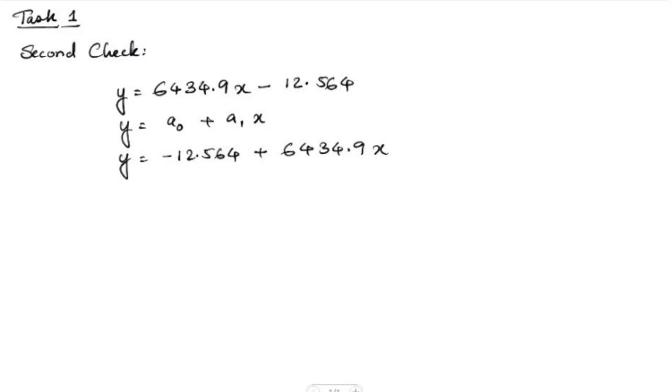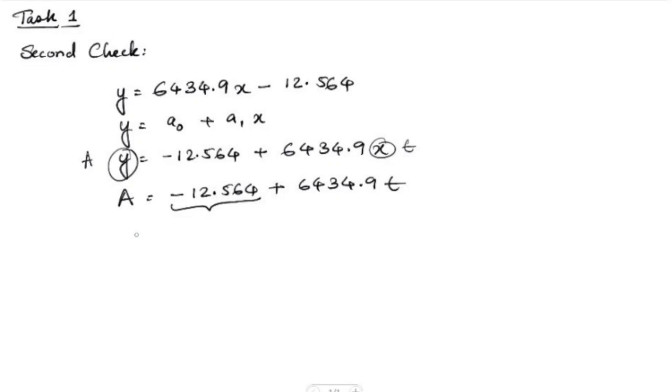Now we know, according to our values of time and amplitude, this is our amplitude and this is our time. So if we rewrite it, we have amplitude is equal to minus 12.564 plus 6434.9 t. Okay, now we know that this is our a0 and this is our a1, so you can write those values separately if you want.